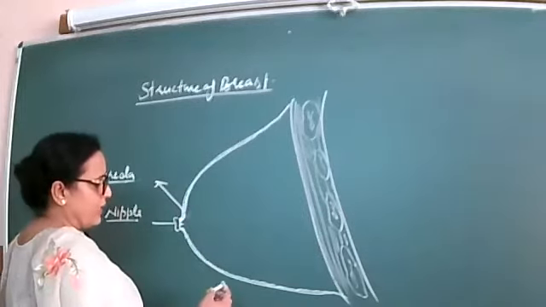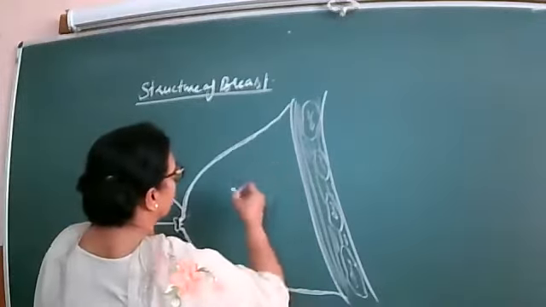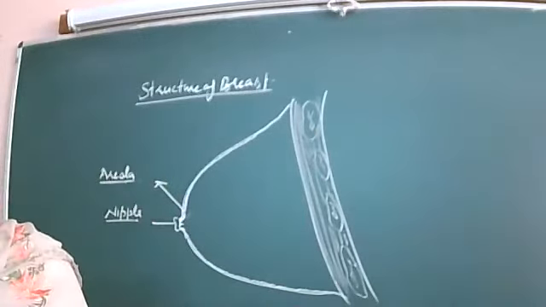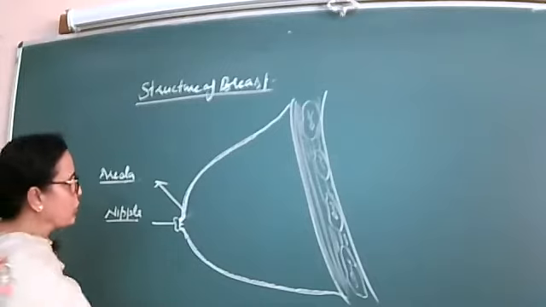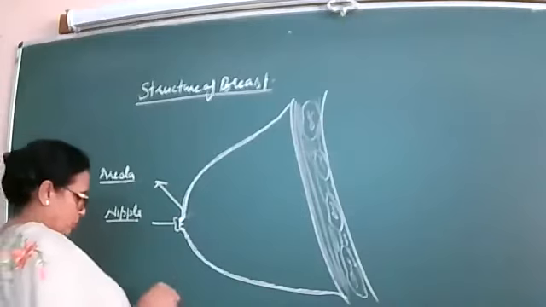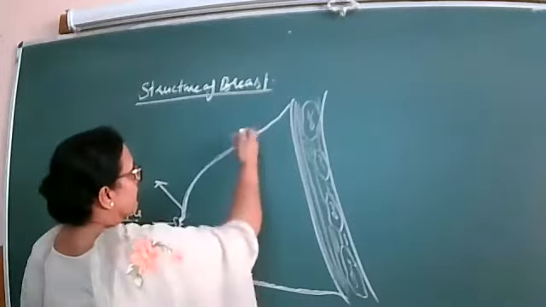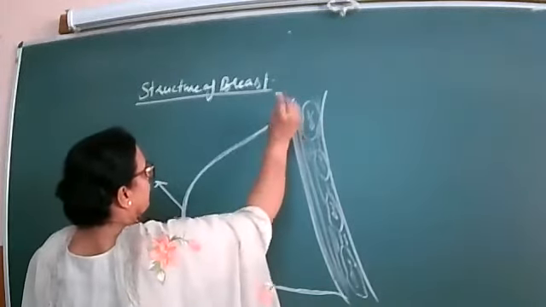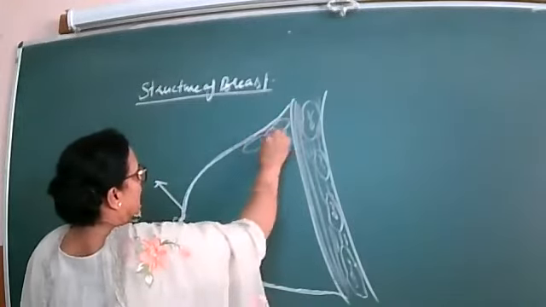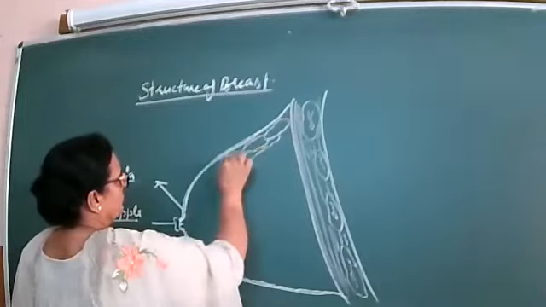Then inside that, the breast is formed of lobules, near about 15 to 20 lobules are there. Beneath the skin, here is a layer of fat tissue.